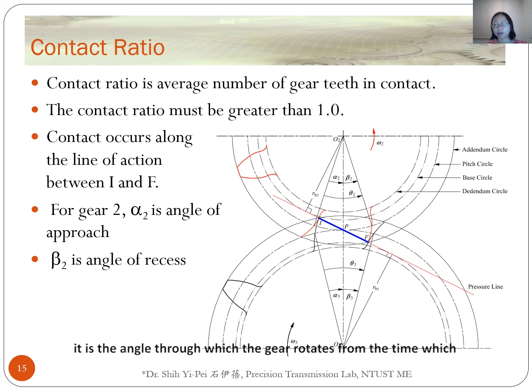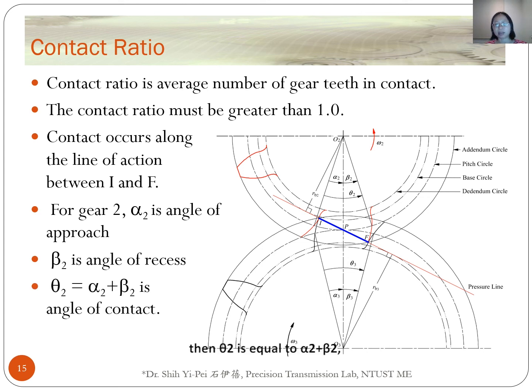It is the angle through which the gear rotates from the time which the contact point is at the pitch point P to the time at which contact is lost. Then theta 2 is equal to alpha 2 plus beta 2. It is the angle of contact of gear 2 when it matches with gear 3.